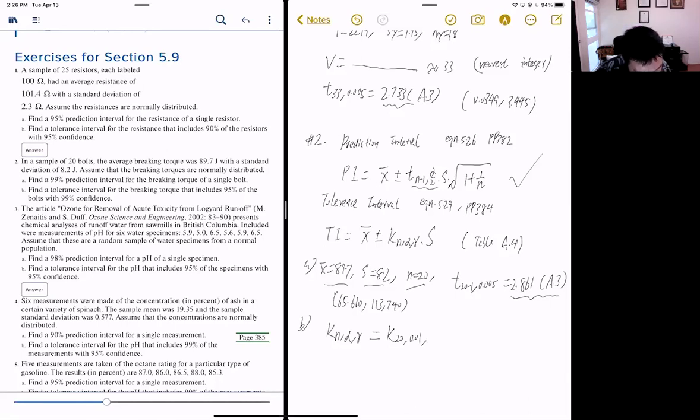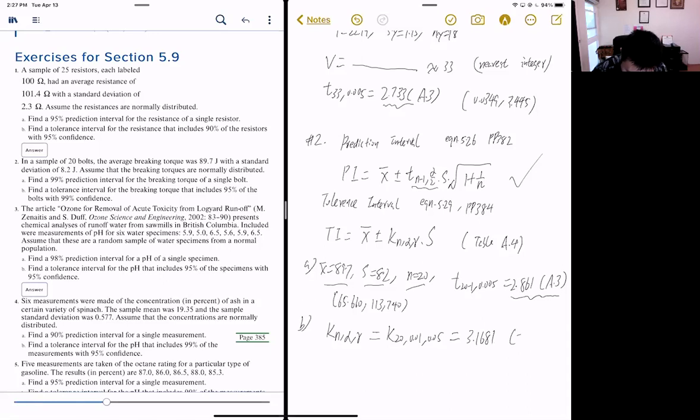And gamma is about what percentage of the bolts are included. The question tells us 95% of the bolts are included. So gamma will be 100 minus 95, so that's 5%, 0.05.